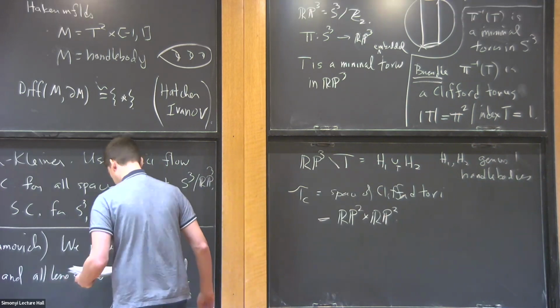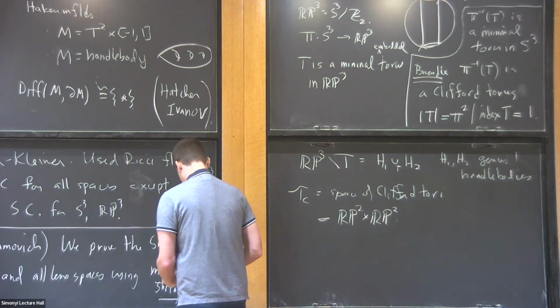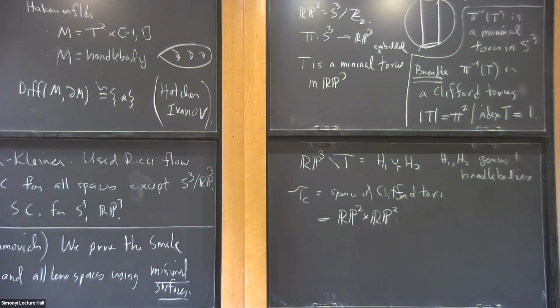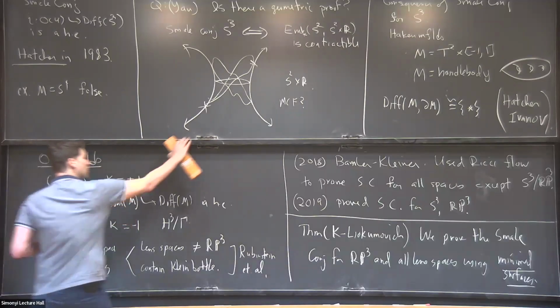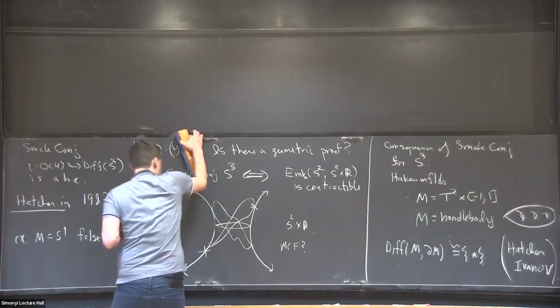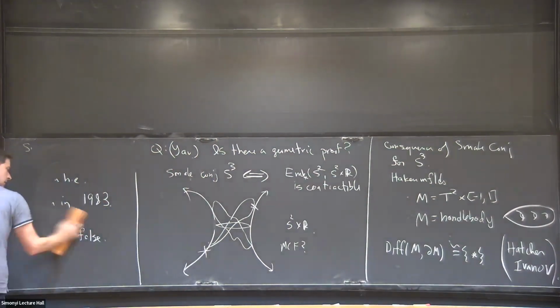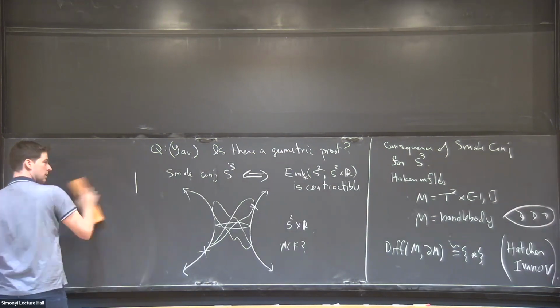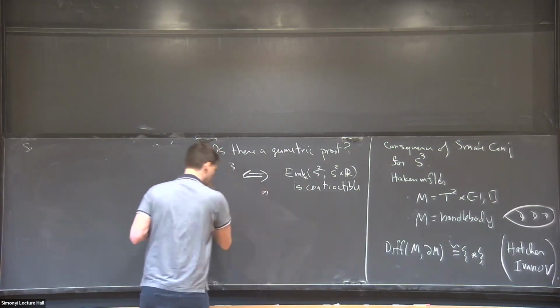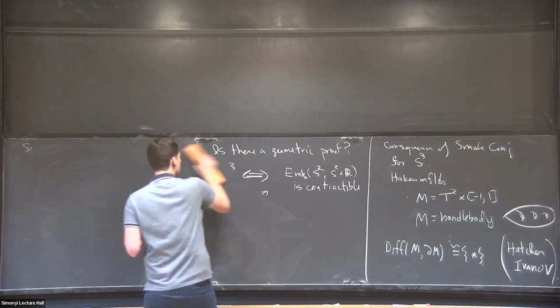So that's what I want to say about the geometry of RP3. RP2 times RP2 coincides with the isometry group of RP3. Yeah, you will see.